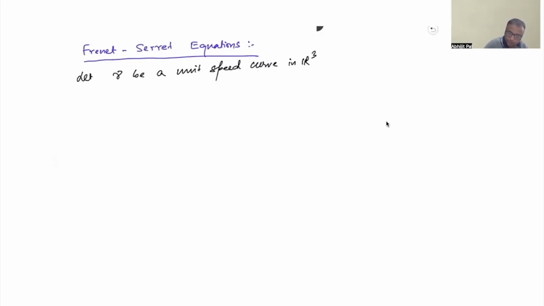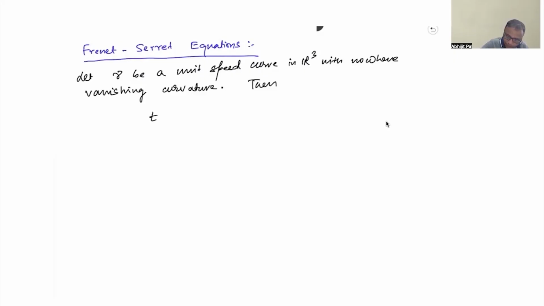So gamma is a unit speed curve in R3 with nowhere vanishing curvature. Okay, then the following equations hold true.